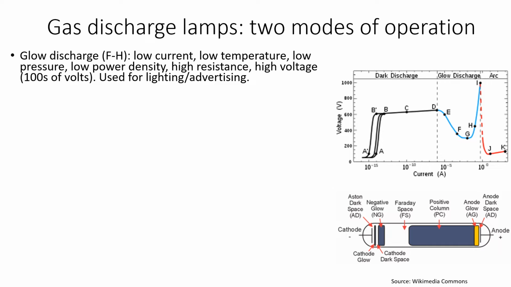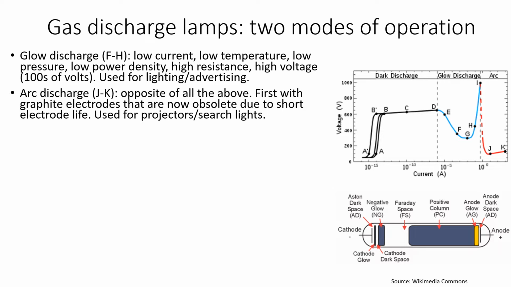These are the classic discharges that we see in lighting and advertising. The arc discharge, the red bit on the far right of the diagram, effectively represents the opposite of the glow discharge. Originally it was done with graphite electrodes, but the electrodes take a real hammering, and they have a fairly short life.